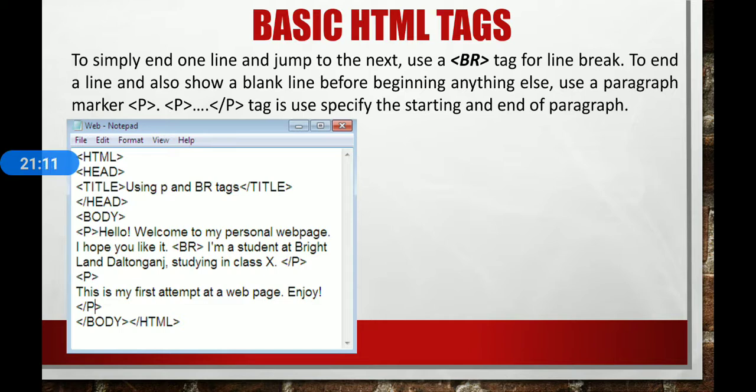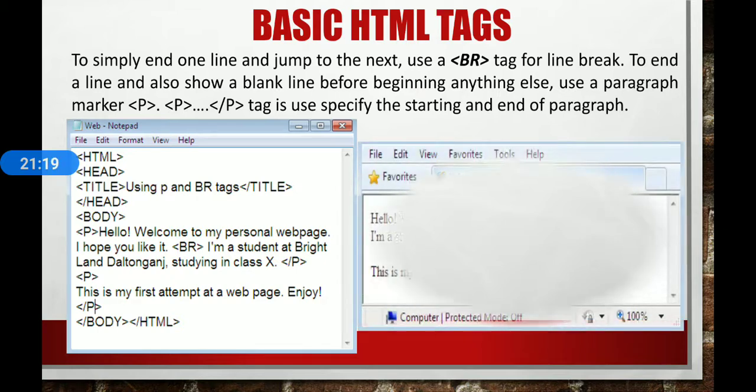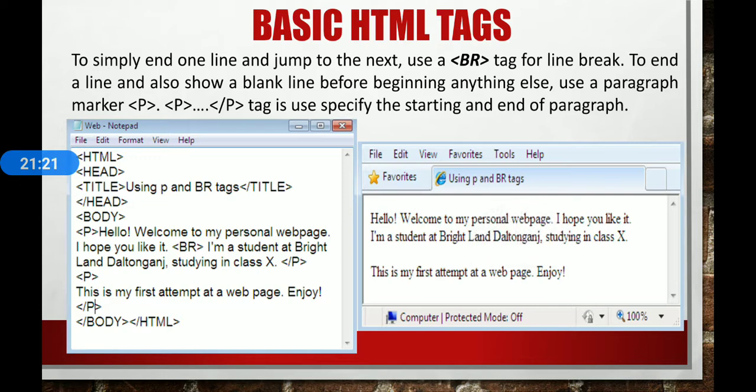And the second paragraph starts with, this is my first attempt at a web page in HTML. This is the second paragraph. And when we open it in the browser, it will display like this. Here, the first paragraph starts at hello and ends with class 10, so it will display in a single paragraph. But before I am a student, we have used the BR tag, so this line is displayed on a separate line.